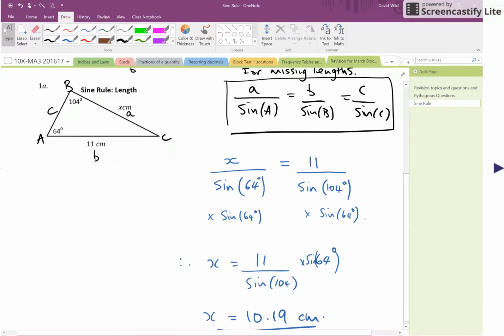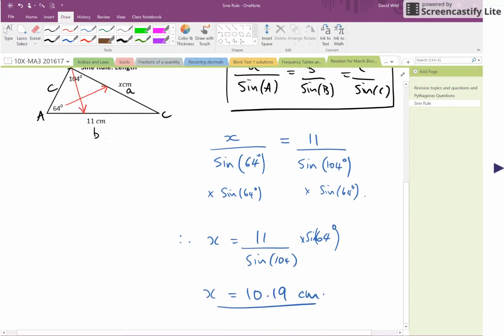However, there is one little trick that we should remember, that the side opposite the largest angle is going to be the longest. So this side here, 11, which is opposite the 104 degrees, will be larger than the side opposite the 64 degrees. And therefore we should expect our answer of x to be less than 11, and therefore 10.19 seems to be a sensible answer.